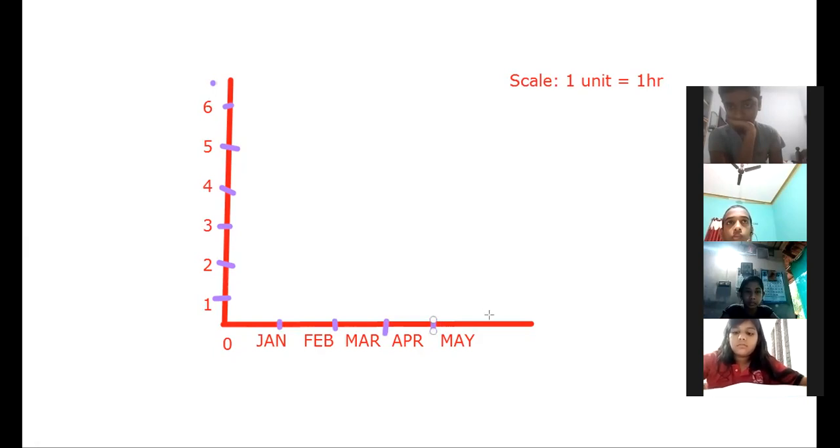This must be of equal length. Then for the month of January, the average hour of sunshine is 2 hours. So in the first case, we have to draw a bar like this, that must have a length of 2.